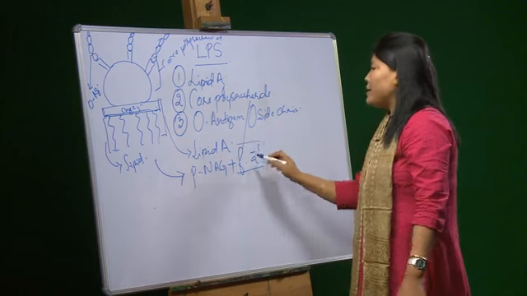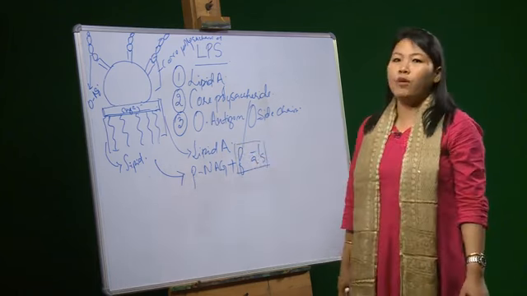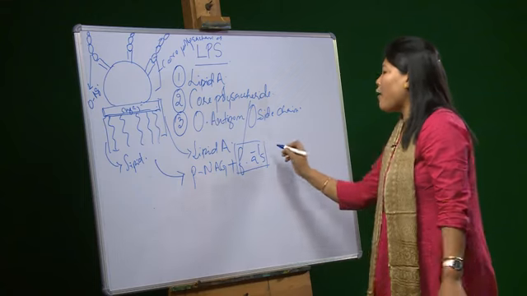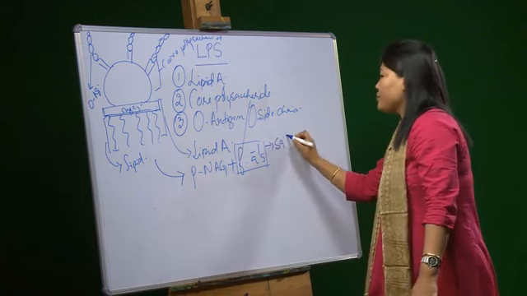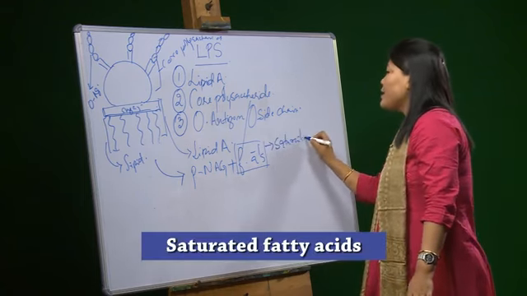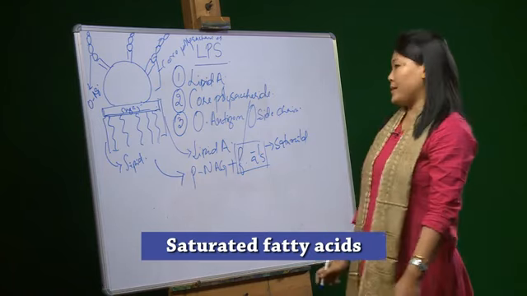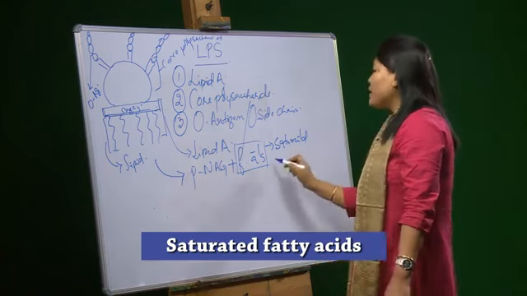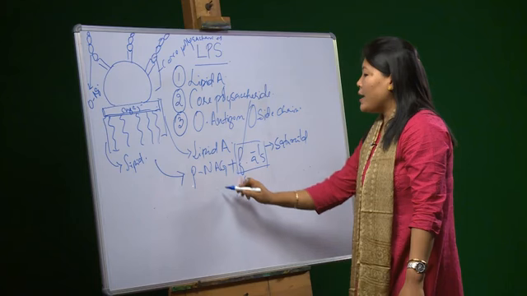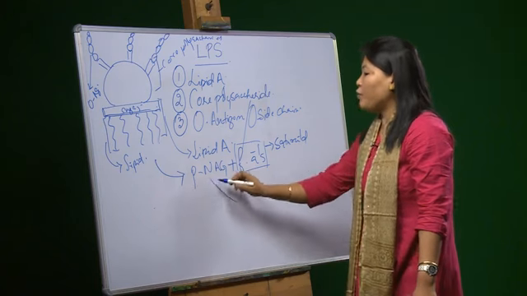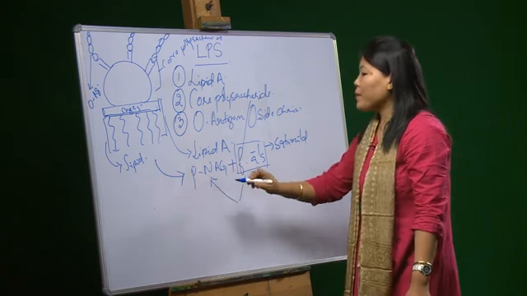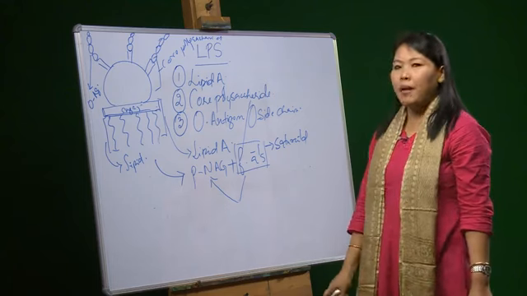All the fatty acids that are present in the gram-negative membrane are saturated fatty acids. And some of these saturated fatty acids are bound to this phosphorylated N-acetyl glucosamine.